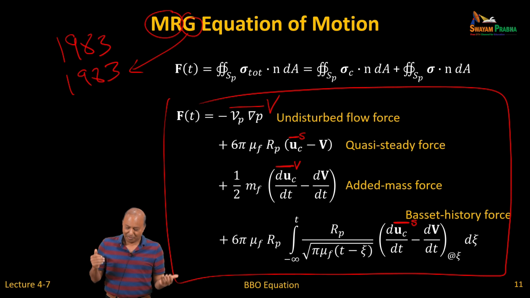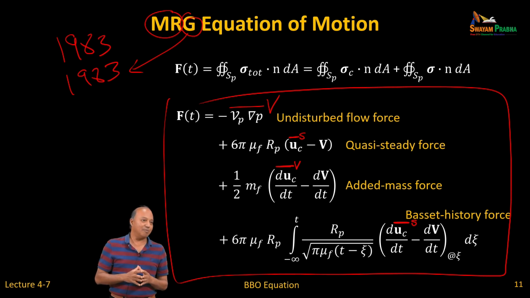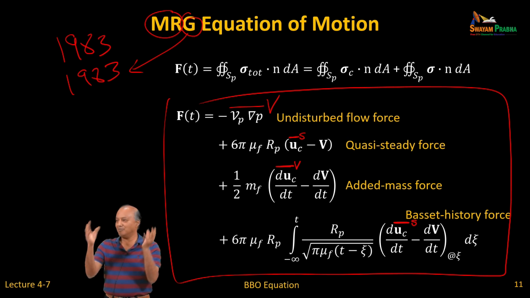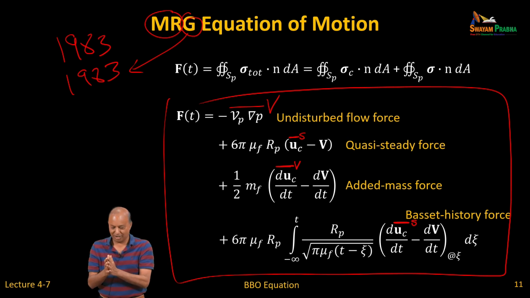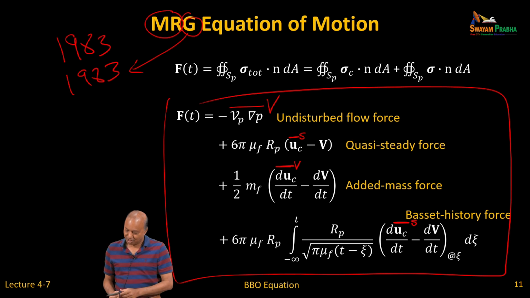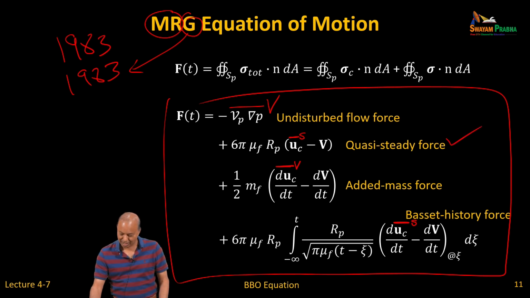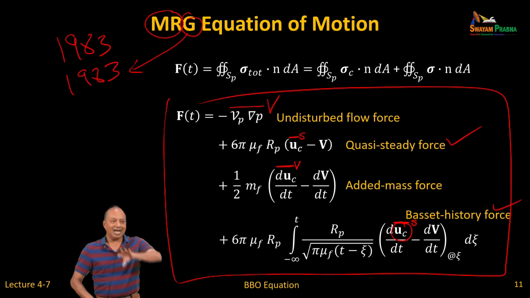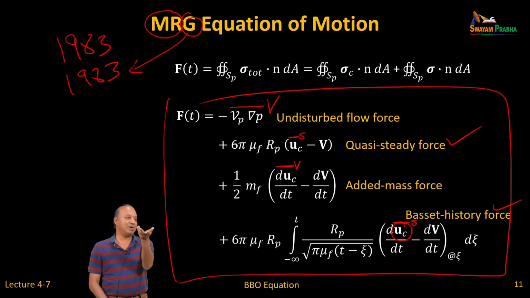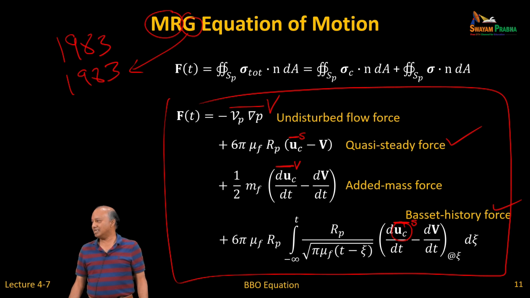If you want the added mass force and undisturbed flow force, do a volume average of the undisturbed flow quantities. But if you want the viscous terms, which are the quasi-steady force and the Basset history force, you average over the surface of the particle, and just use it as if it is the Basset-Boussinesq equation.